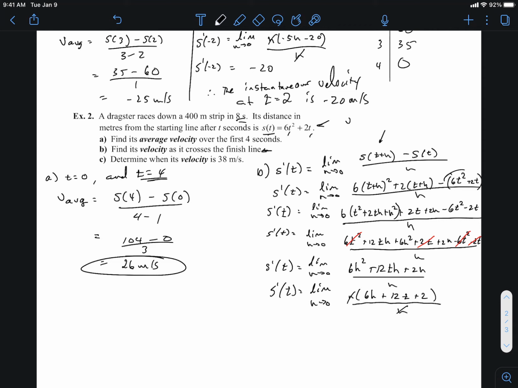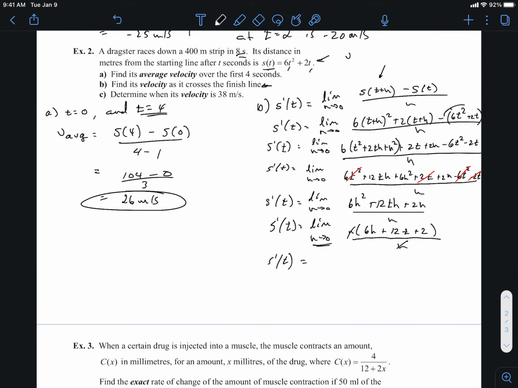Right? And now we can actually evaluate this limit. We can see what happens when I evaluate by plugging h equals 0 in. We're going to be left with 12t plus 2.